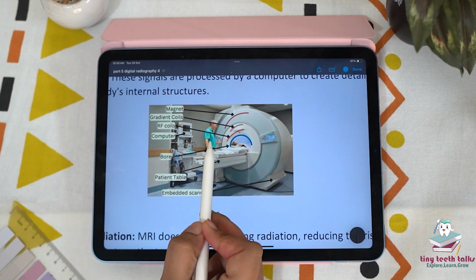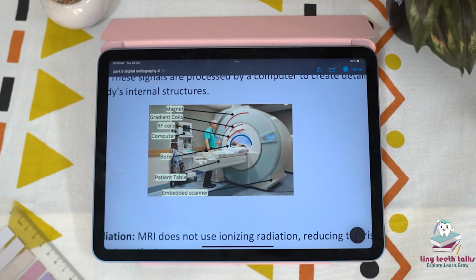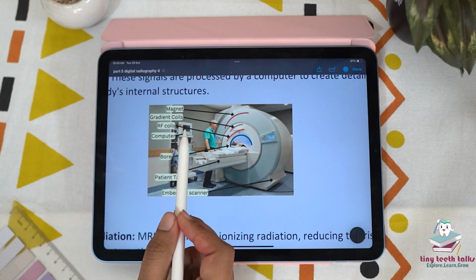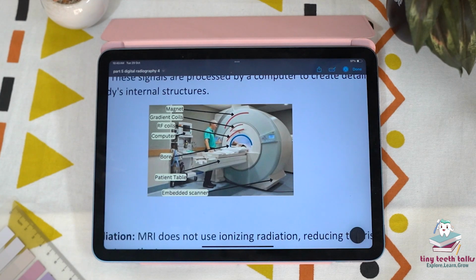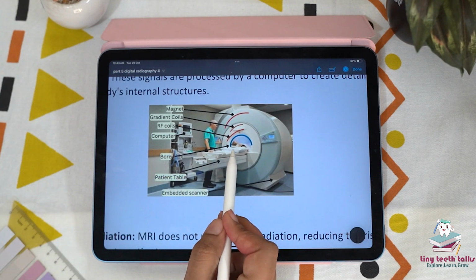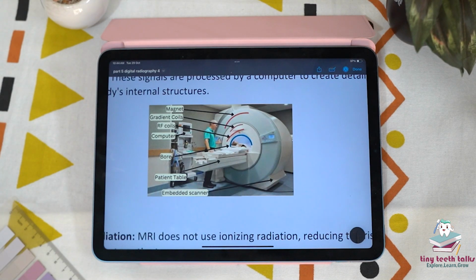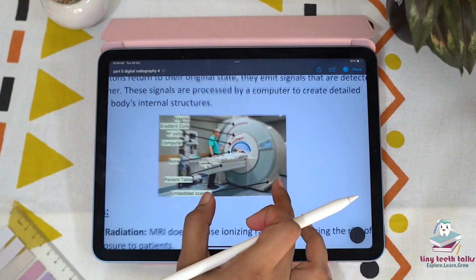Here there is an operator console, the control panel used by the technician to operate the MRI machine. Then this is the computer which processes the signals received from the RF coils to create the image. A bore, which is the tunnel in which the patient slides, and there is a safety system to ensure the MRI environment is safe for both the patient and the staff.